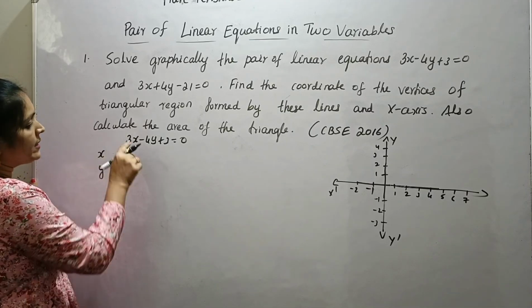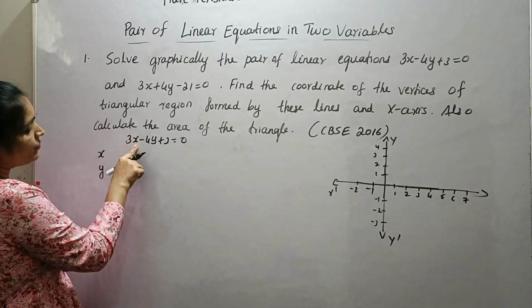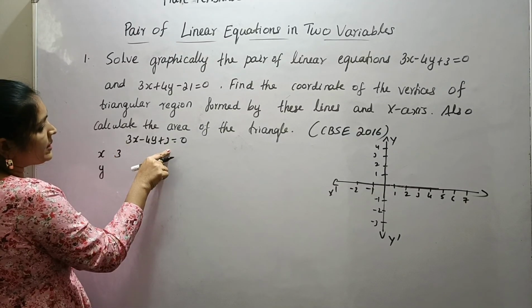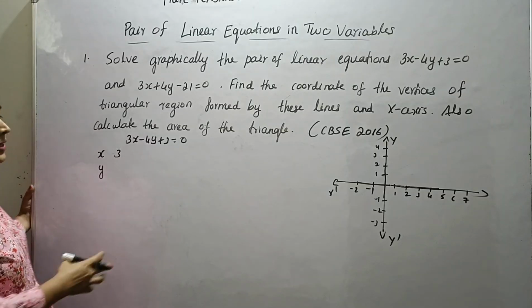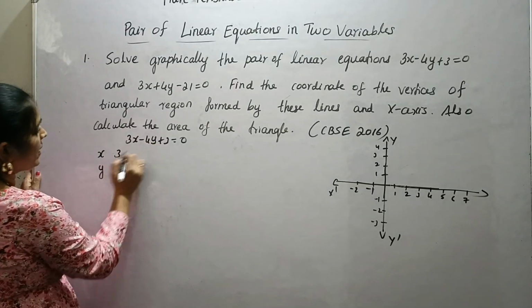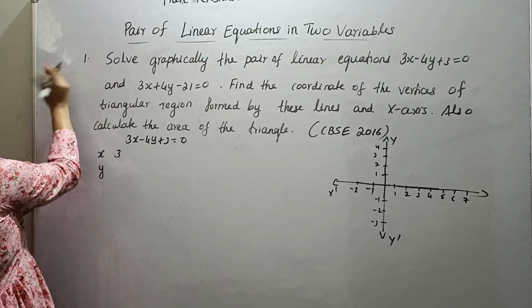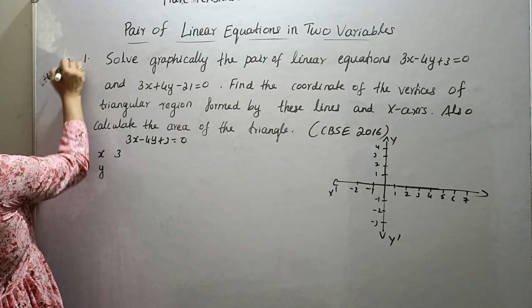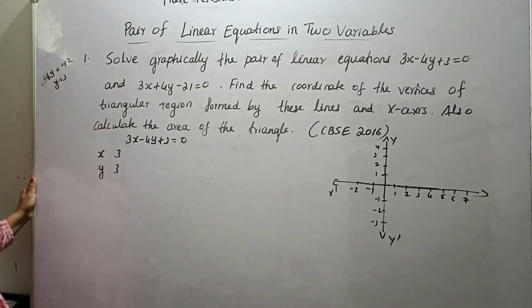Therefore we can put x is equal to 3. Then 9 plus 3 is 12. 12 is a multiple of 4, so we will get y as an integer. So x is equal to 3. What is y? 9 plus 3 is 12, so minus 4y is equal to minus 12, and y is equal to 3. So y is also 3.